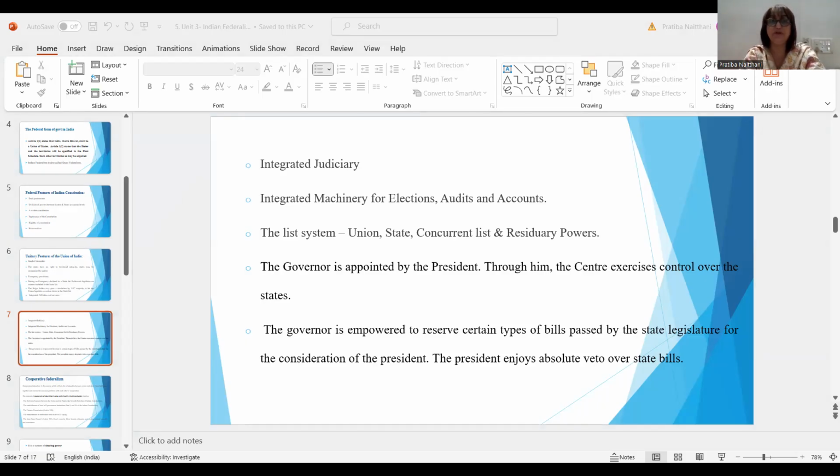And therefore, we will create a new body. And they said there will be a National Judicial Appointment Commission, NJAC. Okay, and it is this NJAC which is going to appoint the judges. Now, who will be the member of the NJAC? So, the ex officio chairperson will be the Chief Justice of India.